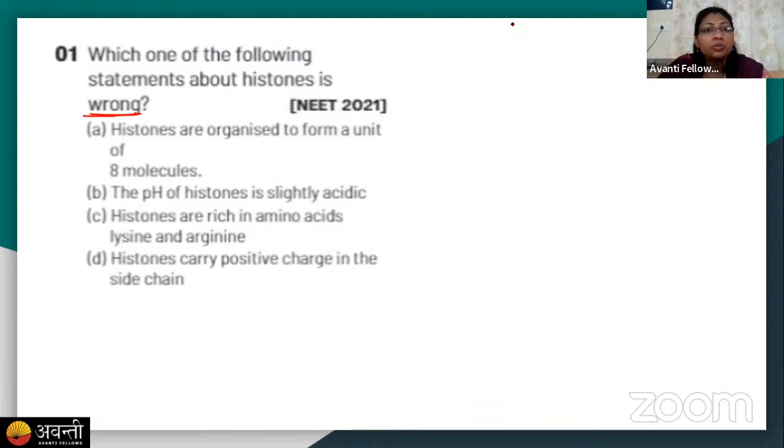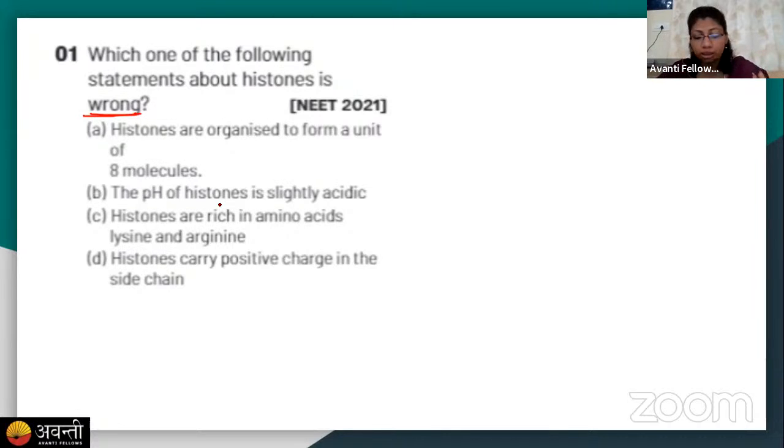Okay, so most of you have opted for option B, which says the pH of the histone is slightly acidic. As you know, histone is a protein around which DNA has to wrap. If DNA has to wrap around this histone protein, the histone protein has to be of opposite charge, only then the linkage can be settled.